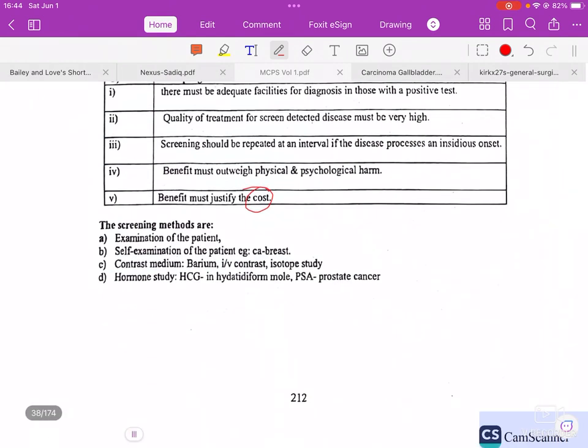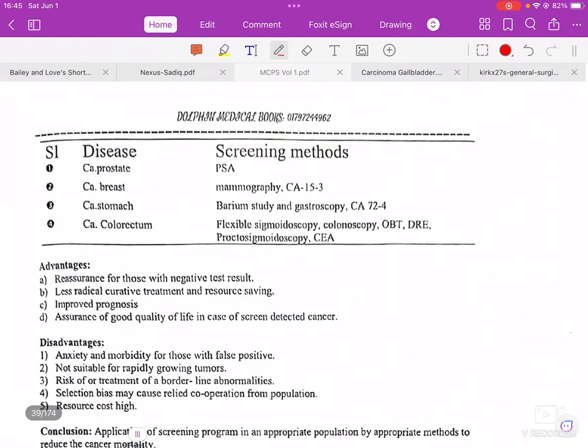The screening methods are examination of the patient, self-examination of the patient, as for example in CA breast; contrast media such as barium and intravenous contrast; isotope study; hormone study, such as human chorionic gonadotropin in the hereditary mode; and prostate specific antigen in prostate cancer. So for CA prostate, we should go for PSA. For CA breast, we should go for mammography and CA 15-3.